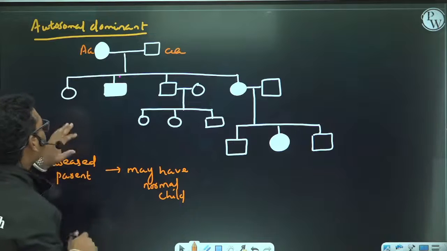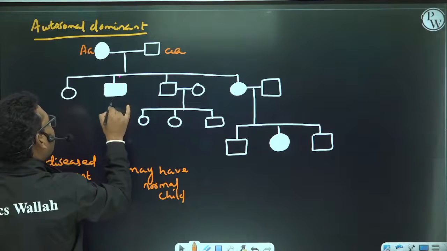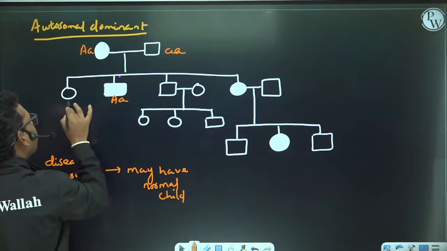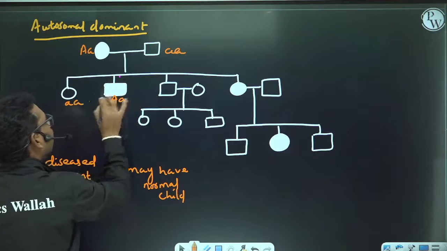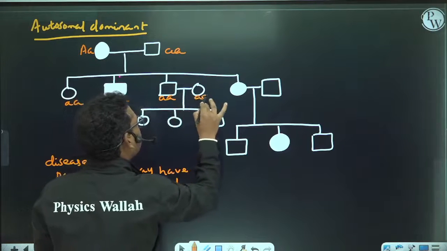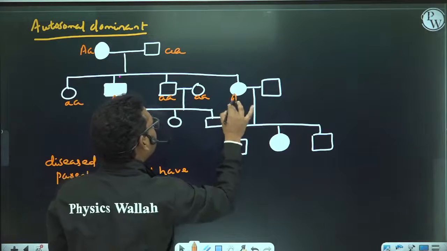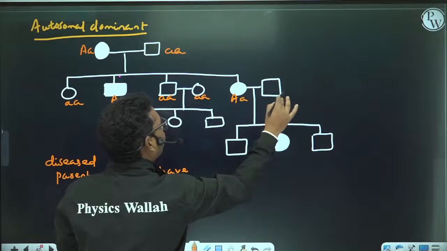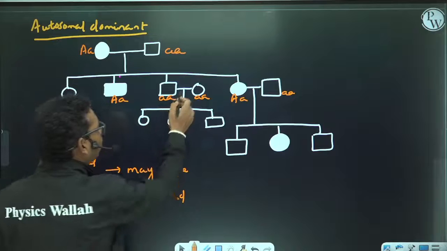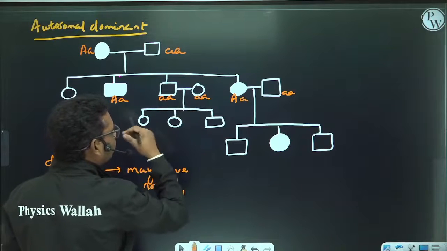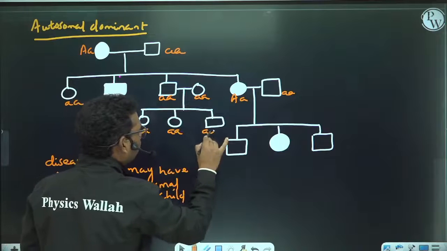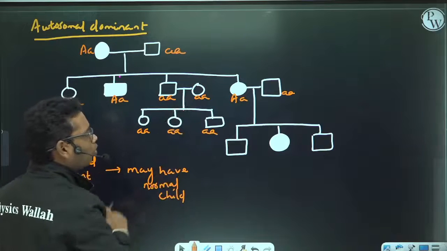See, from here capital A will come, and from here small a will come. From here small a is coming, from here small a is coming, and this is small a. Because both of them have small a, all of them will be small a, so this will be normal.